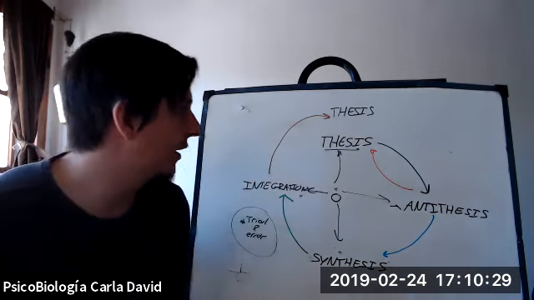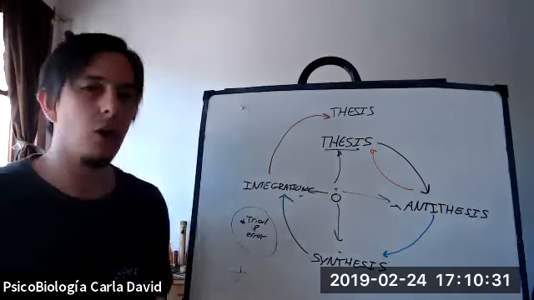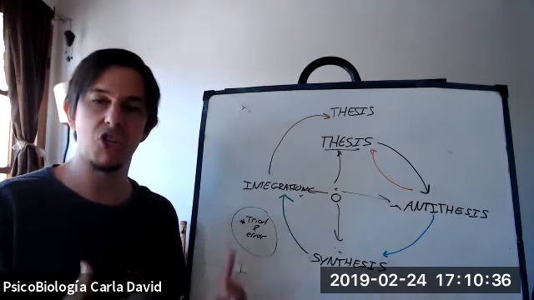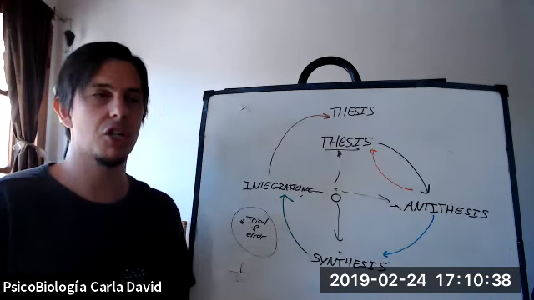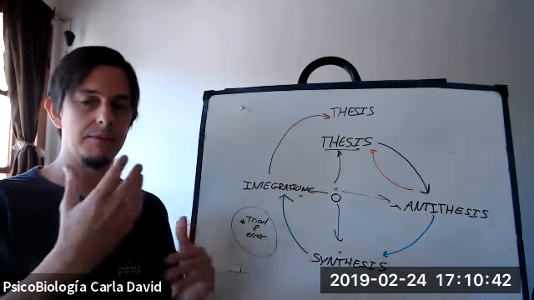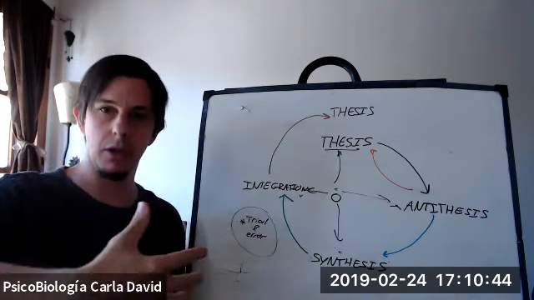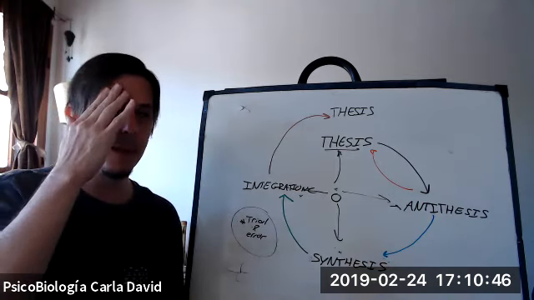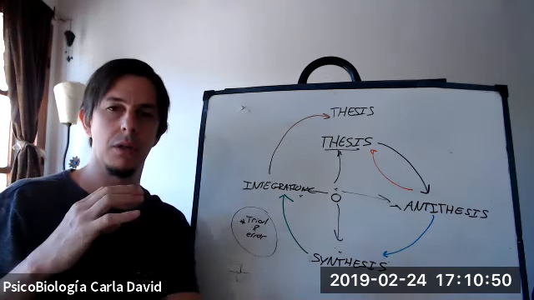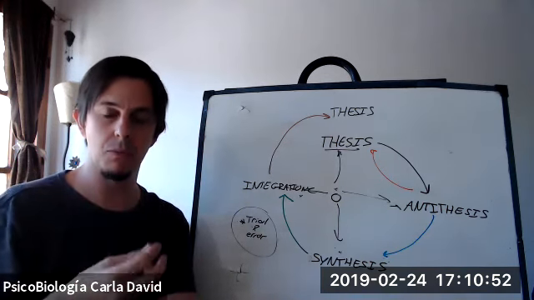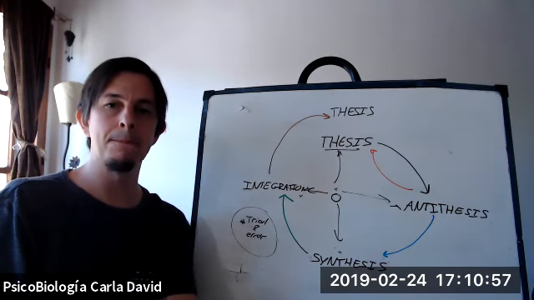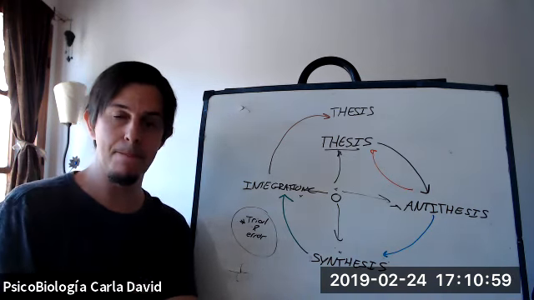So what I have here is a model that presents the structure of evolution, the structure of growth, the structure of this spiral of evolution. A good image related to how the dynamics of evolution occurs is this spiral.